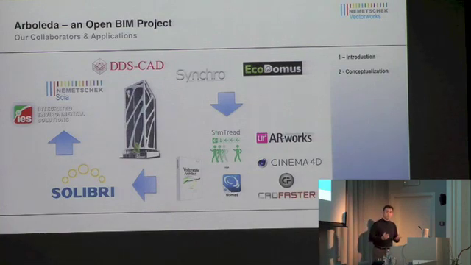Now, we'll be talking about Solibri Model Checker. In this case, there are two versions, the viewer and the checker, just for testing and validating the BIM projects. And my collaborators use IES for energy analysis, Nemetschek Scia for structural analysis, DDS-CAD, Synchro, and Ecodomos for facility management.